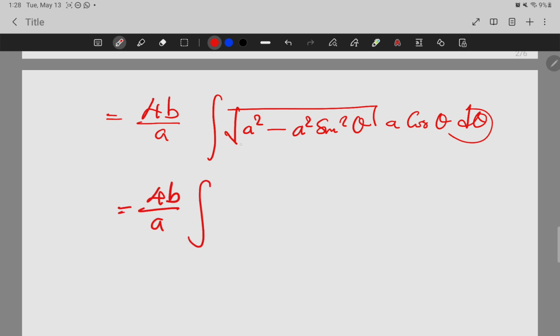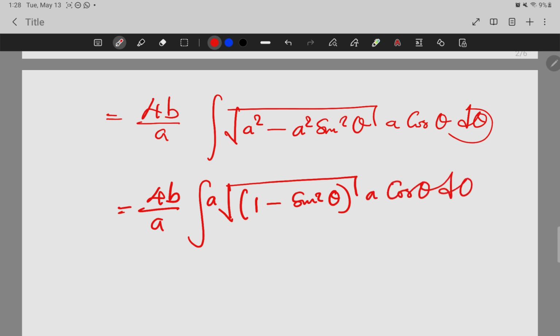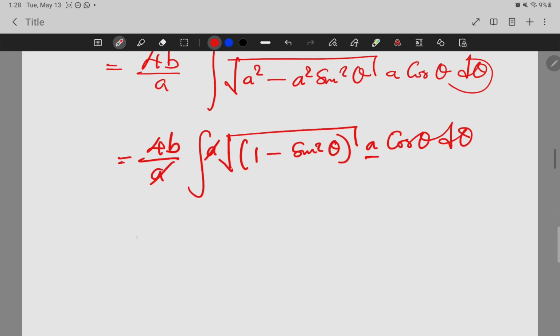So here I can factor out the a squared and square root it, giving me just an a. So now I remain with 1 here minus sine squared theta. And then this is a cos theta d theta. This a and this a will cancel out. The other a here comes out, giving us 4ab in the integral of the 1 minus sine squared, that is cos squared.